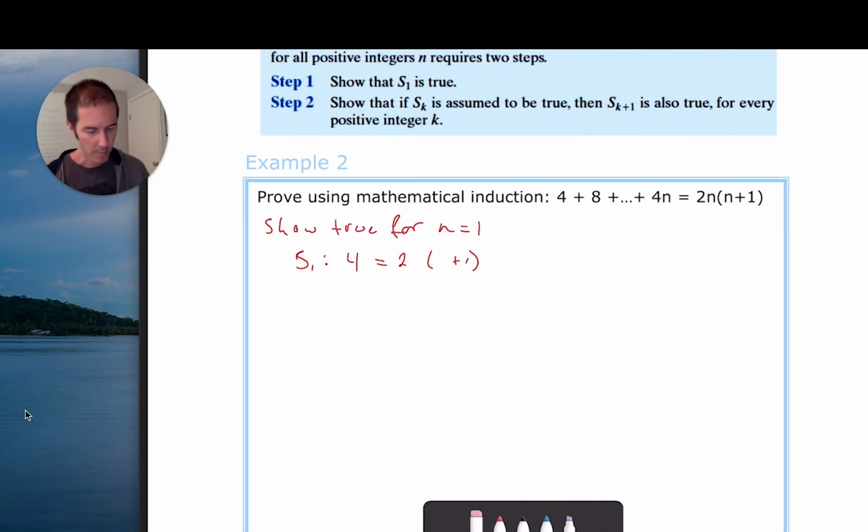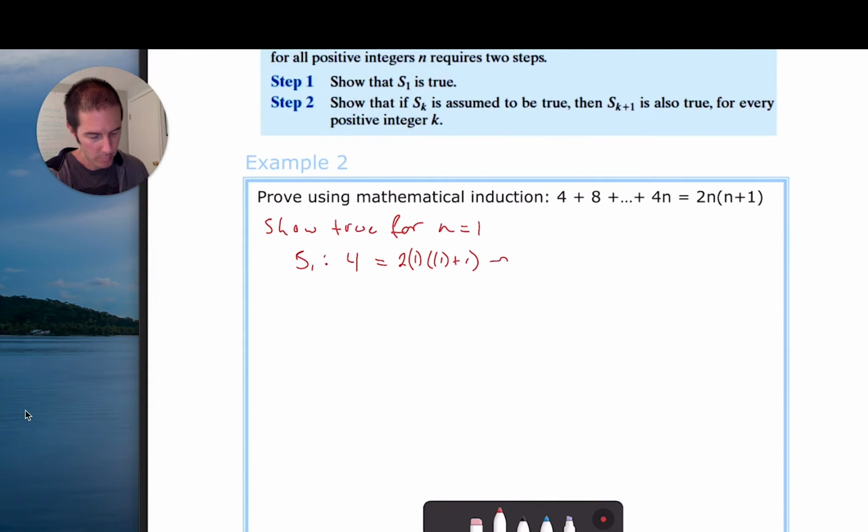I'm so hung up on the fact that there needs to only be 1 term on the left-hand side of the equation. I forgot to take this n value of 1 and put it into this position and this position. So let's do that. The right-hand side of this equation actually equals 2 times 1, which is our n value, times 1 plus 1. That's a lot of parentheses, but it works.